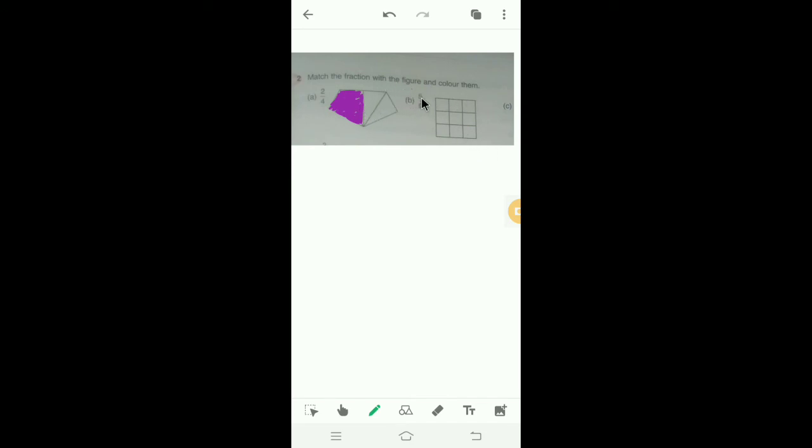Next, 5 by 9. That means 5 out of 9 parts is under consideration. So we have to color 5 parts.